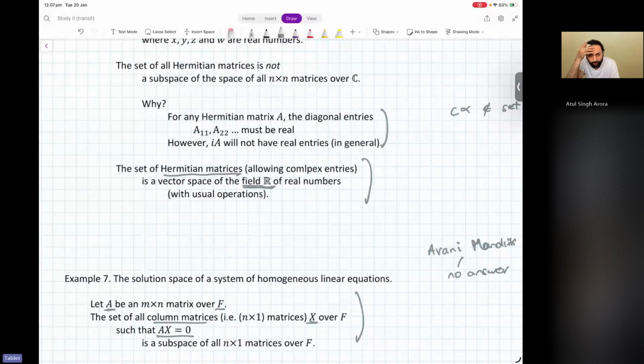Does anybody else want to volunteer? If you've already answered, obviously don't answer, but if you haven't. Okay, so what we really want to check is that it's a subspace, right? So the criteria for checking a subspace we saw is just this, that you check that for alpha and beta in the subset, we want to show that this is also in the subset or the subspace. Any volunteers?